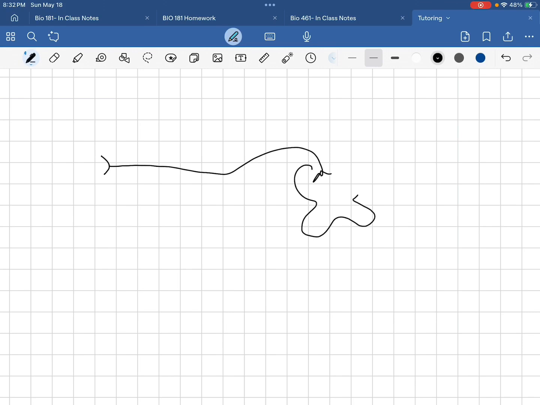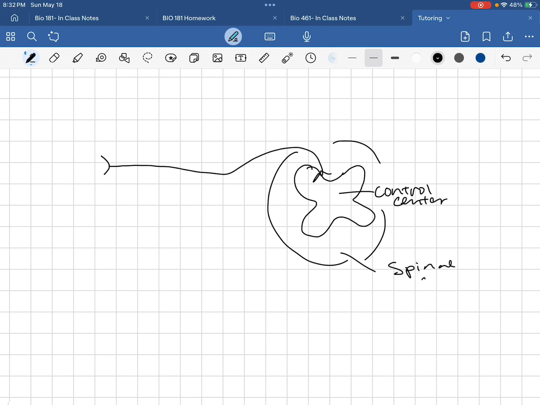So this is our little spinal cord right here. This is going to be known as our control center, and then we have this little outside part, which is basically the spinal cord. So we have our dorsal root ganglia, our ventral root ganglia, and then right here we could say that this is our receptor, which is going to receive the stimulus.